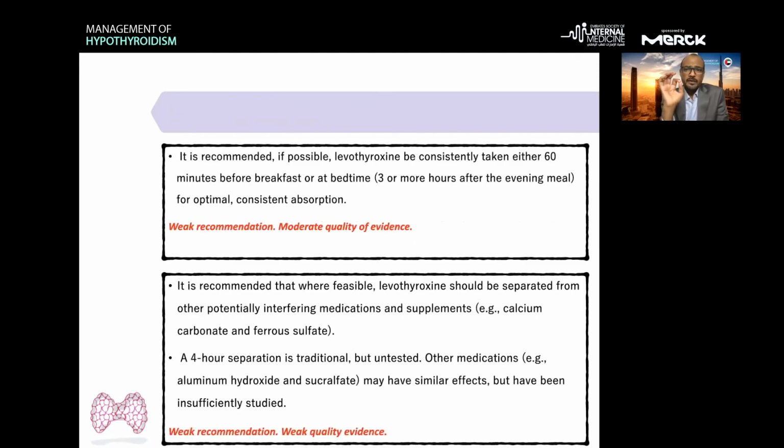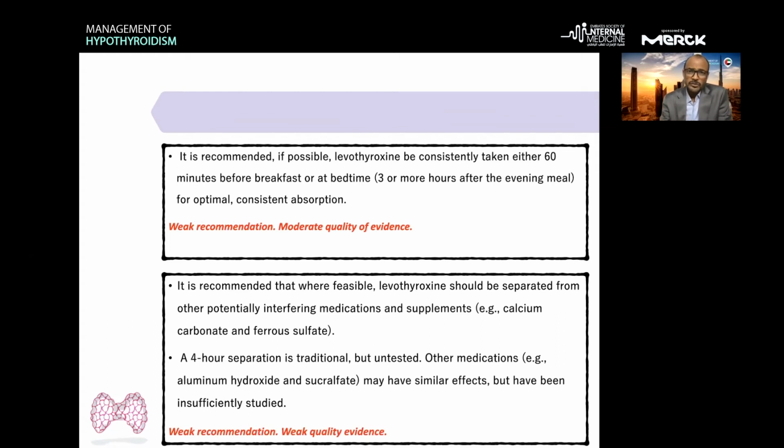Now, it's important, if you have your patient being treated and he comes back to you with an abnormal thyroid function test, to make sure that the patient doesn't have any form of malabsorption. And now there are specific recommendations from the guidelines.